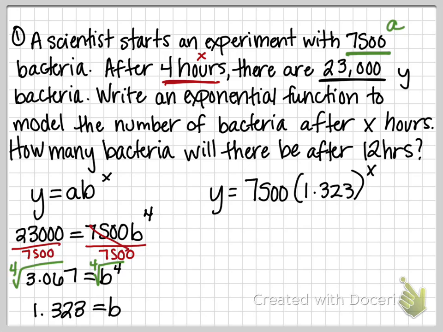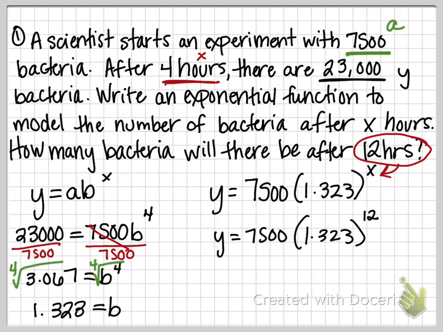We can plug in any time now and figure out how many bacteria there will be after that amount of time. How much did it ask us to find? 12 hours. X. 7,500, 1.323 to the 12th power.